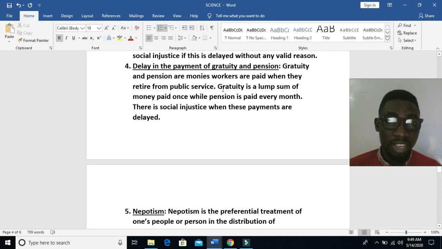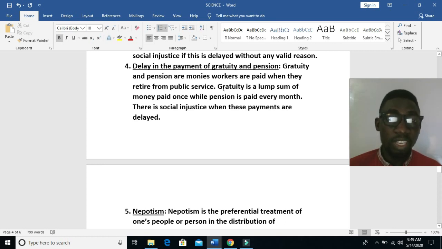Now, gratuity is a lump sum of money paid once. It's huge. It is paid once to the person once the person gets retired. But on the other hand, pension is paid every month to the retired person. The person has retired, but every month there is a particular token of money given to the person. Such payment is called pension.